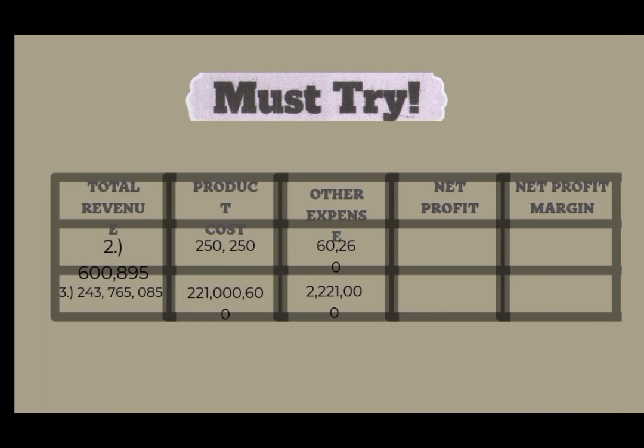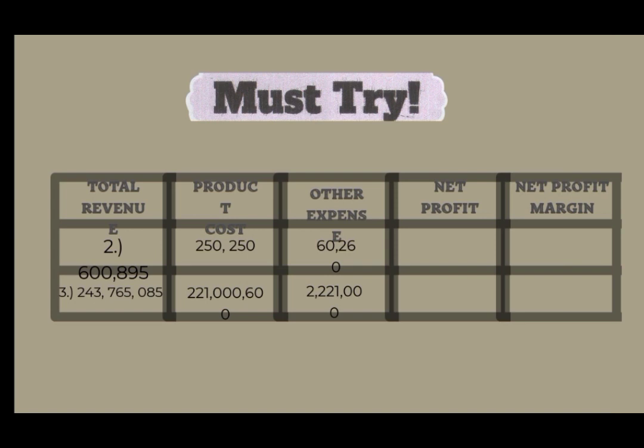And now, we have a must try activity, again in table form. You can pause the video if you will answer. You have all the time, guys, and later we will reveal the possible answer. What you will do is add the product cost and other expenses, then divide by total revenue and multiply by 100 for the net profit margin.